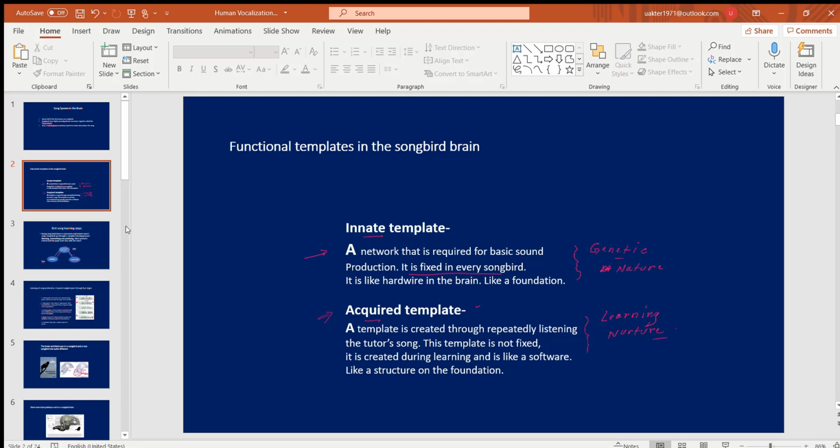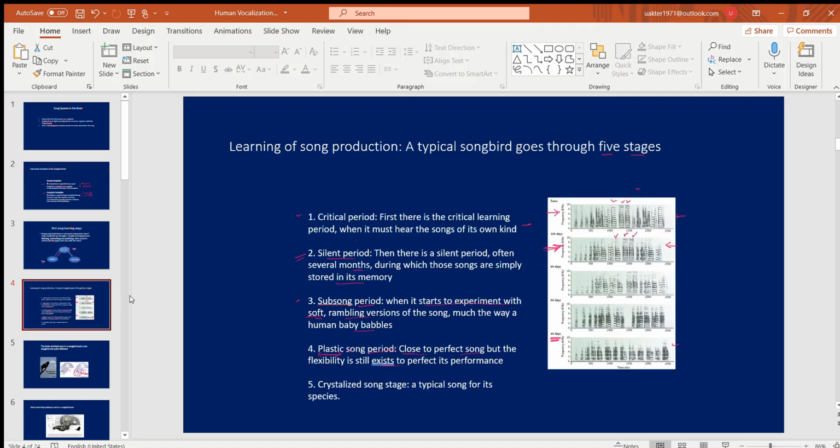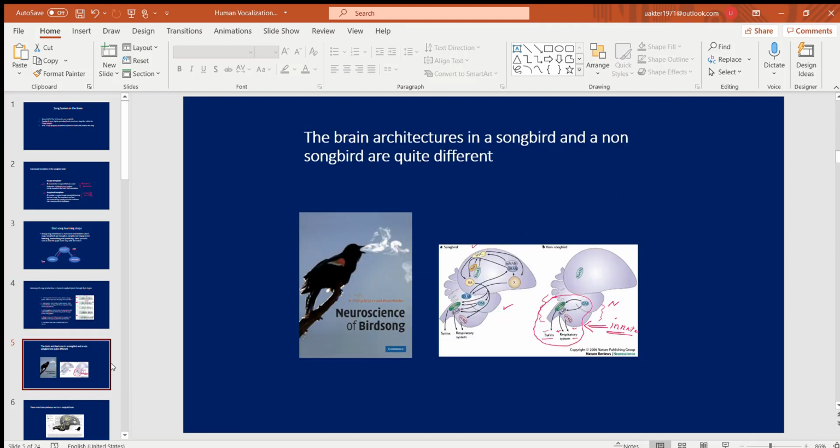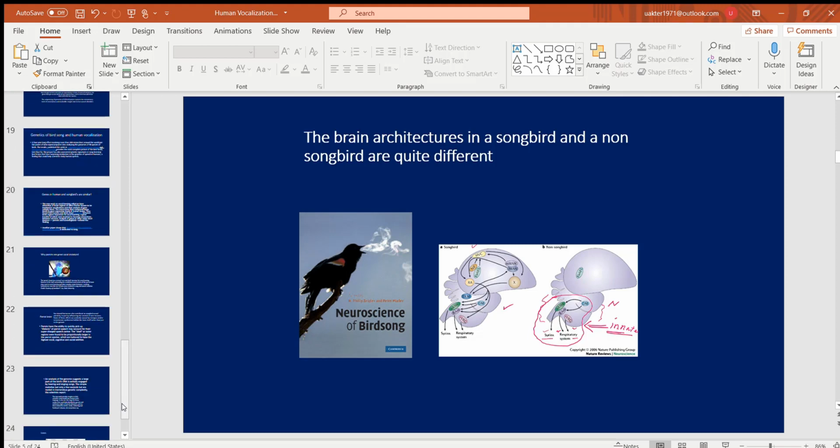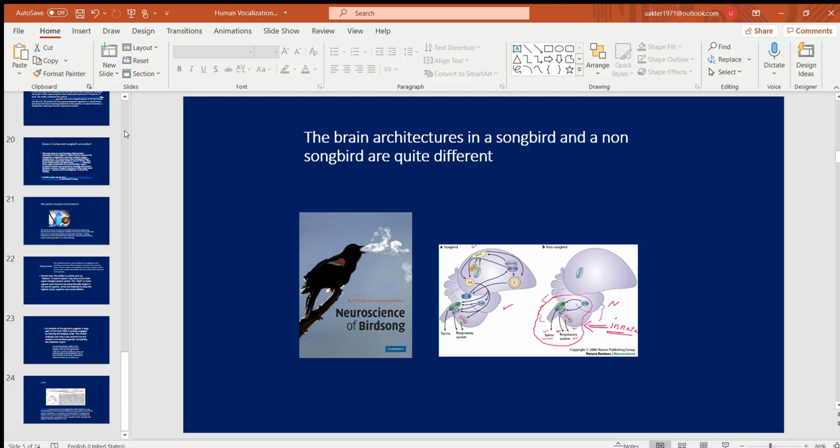Also, you need to know those 5 stages of song learning, creating the solid crystallized songs, and also you need to know those 4 connectivities or networks, and the important areas present in those pathways. Okay, so everybody, let's stop here.